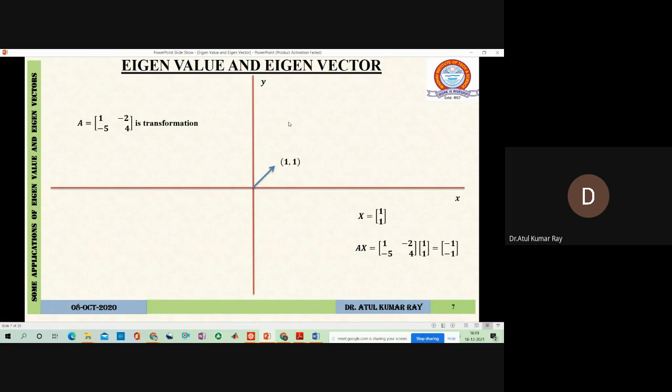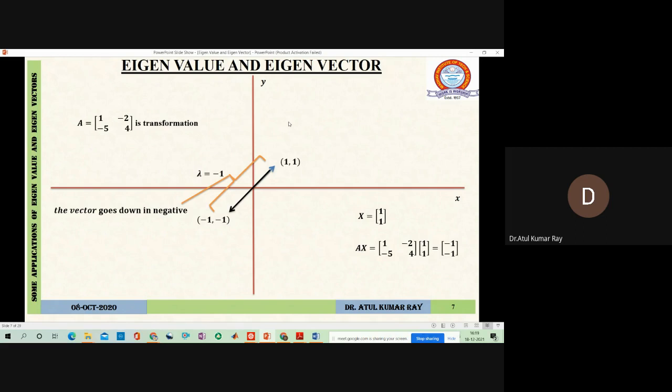So previously it was 1, 1, and after applying the transformation it becomes minus 1, 1. Meaning the direction is just opposite to that. But yes, these are all on one line. It is scaled, but in a negative way. So the vector goes down in the negative direction.